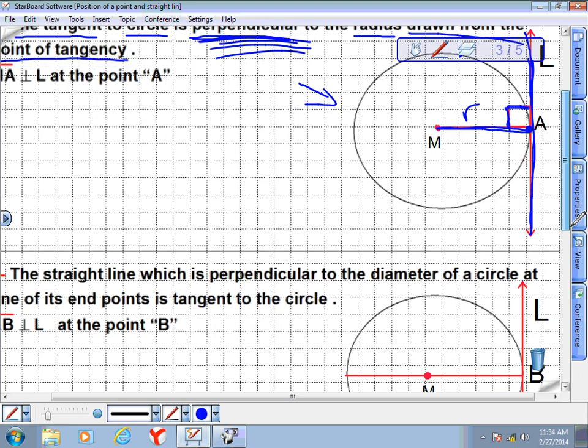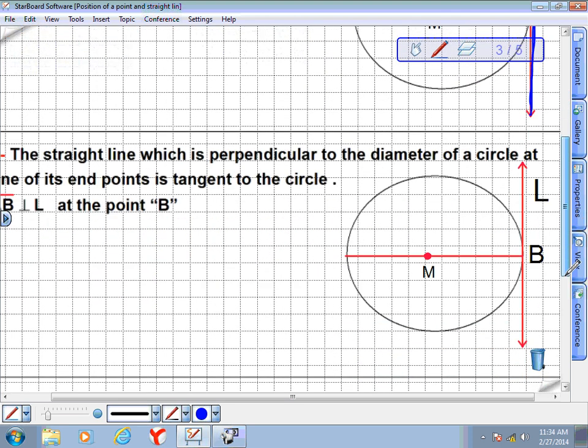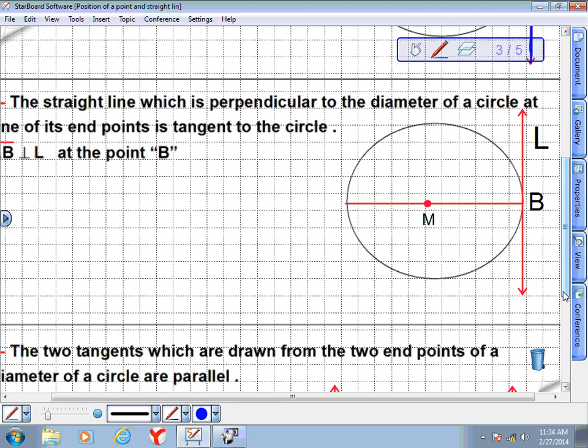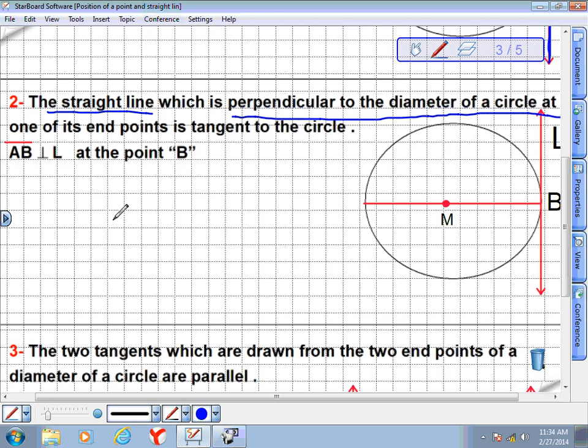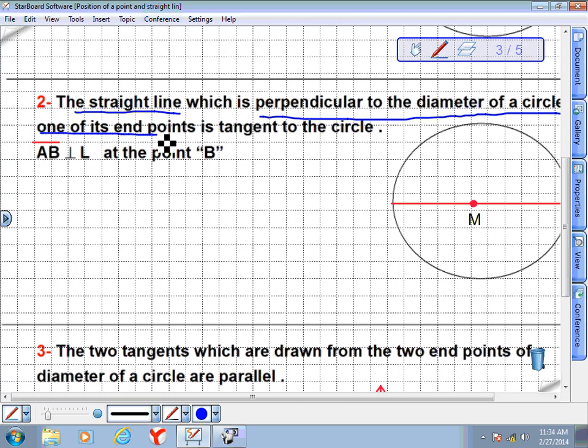We have in the second fact that the straight line which is perpendicular to the diameter of a circle at one of its endpoints is tangent to the circle.